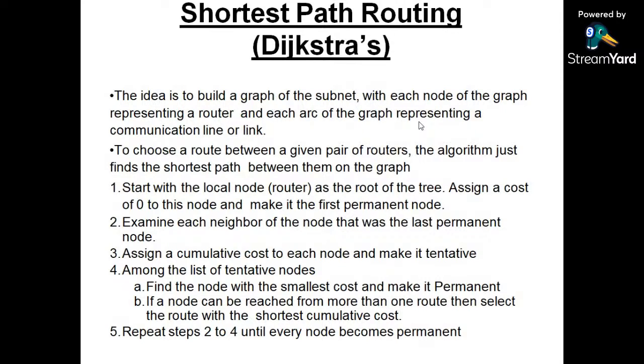Among the list of tentative nodes, find the node with the smallest cost and make it permanent. If a node can be reached from more than one route, then select the route with the shortest cumulative cost. Repeat steps 2 to 4 until every node becomes permanent.